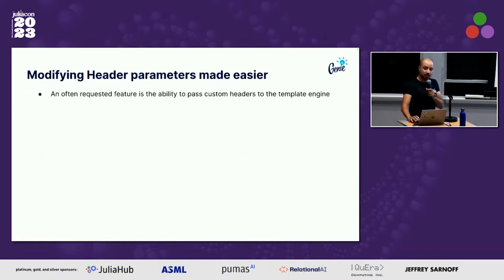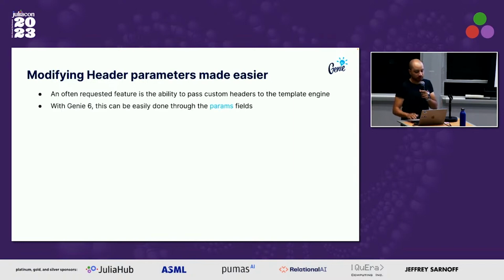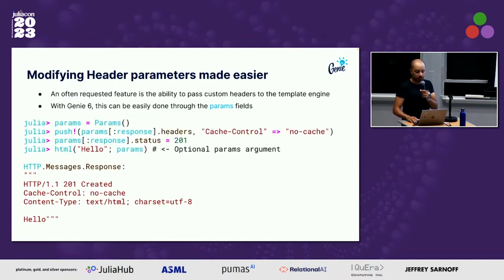Now, another feature that has been very often requested by developers is the ability to pass custom headers to the template engine in Genie that generates the HTML and JSON responses. With Genie 6, we can easily do this by modifying the fields in the params object.